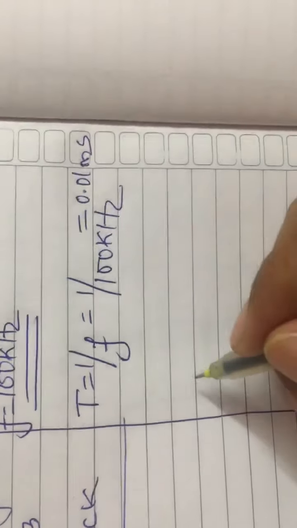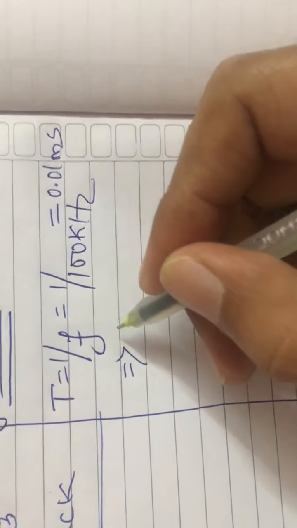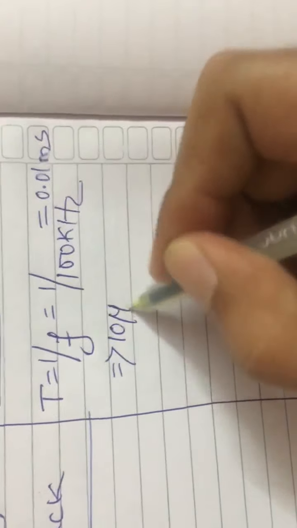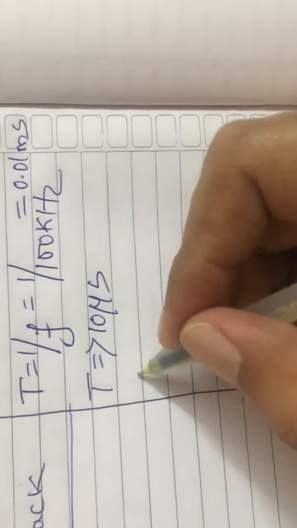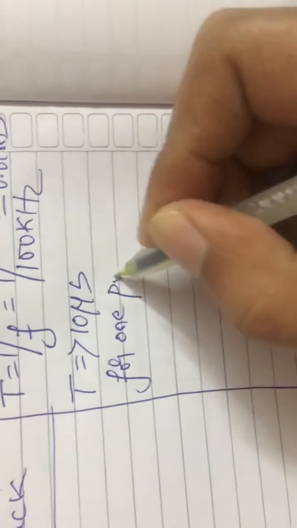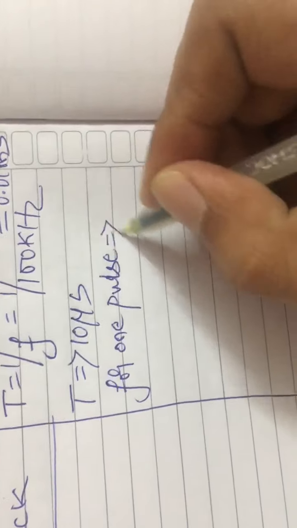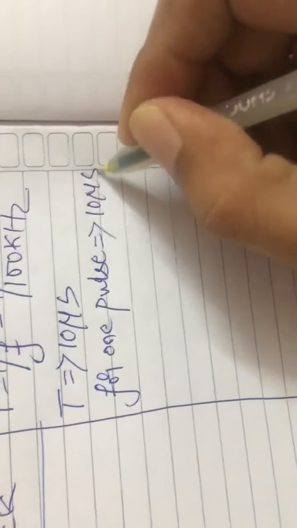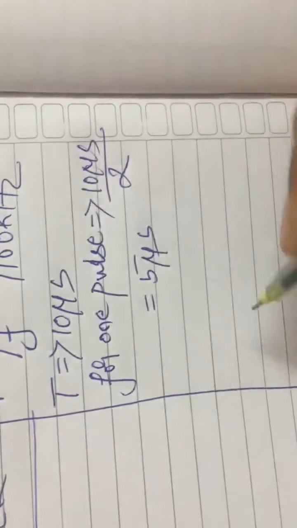Convert that to microseconds and you will get 10 microseconds. This is the whole T. For one pulse, this 10 microseconds is to be divided by 2. You will get 5 microseconds.